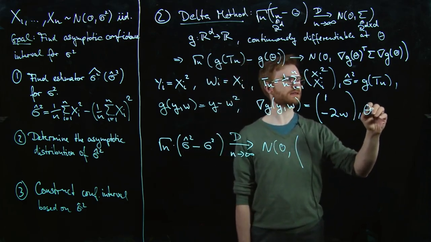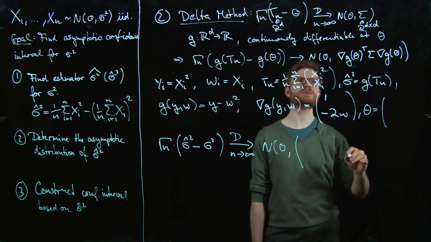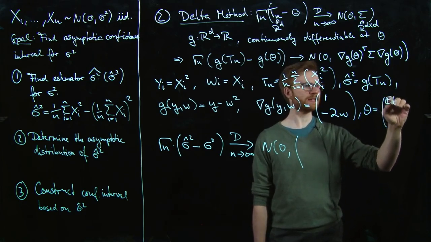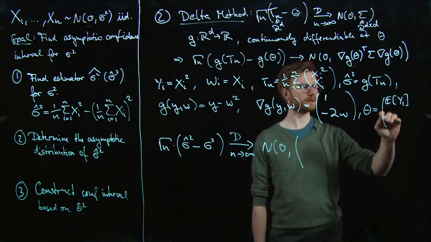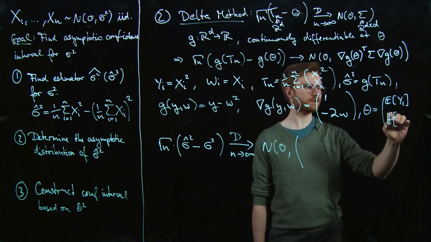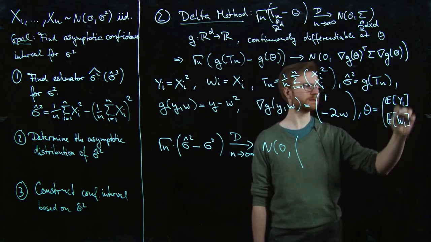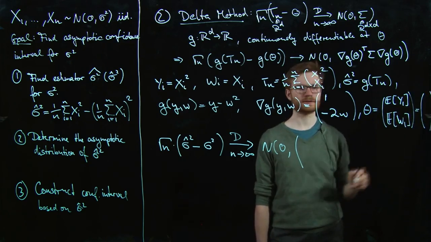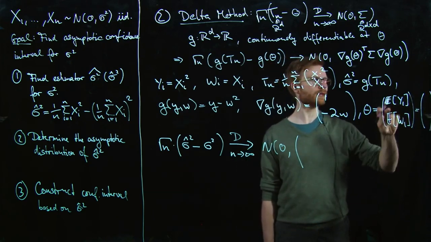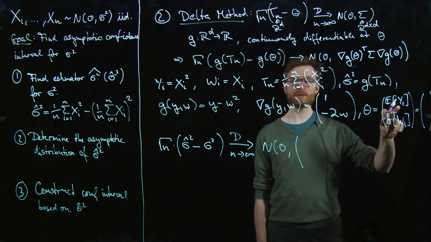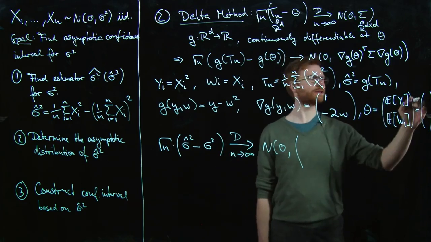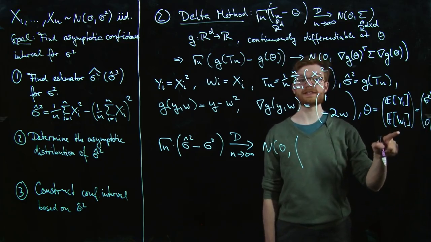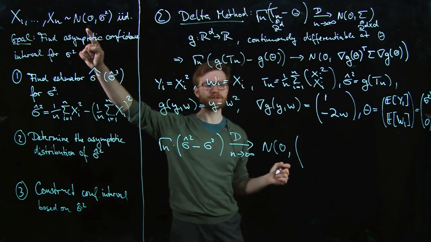Let's write down theta: it is just going to be the expectation of y1 and expectation of w1, which, since y1 is xi squared, is going to be sigma squared, and this is just going to be 0 because we assume that our variables are centered.